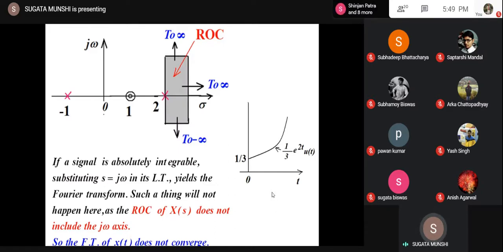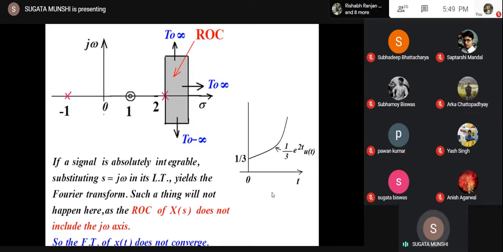So if you are given this figure showing the ROC, and you are asked whether on substituting s equal to j omega you get the Fourier transform of x(t), the answer is no, because the Fourier transform of x(t) does not converge.